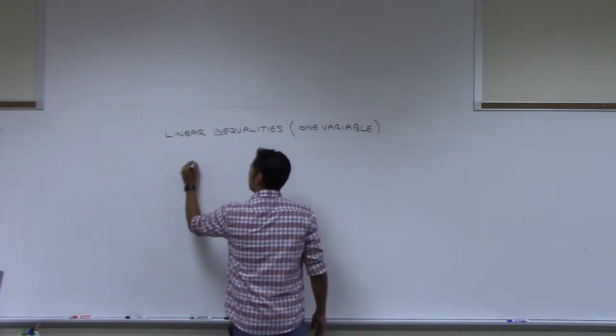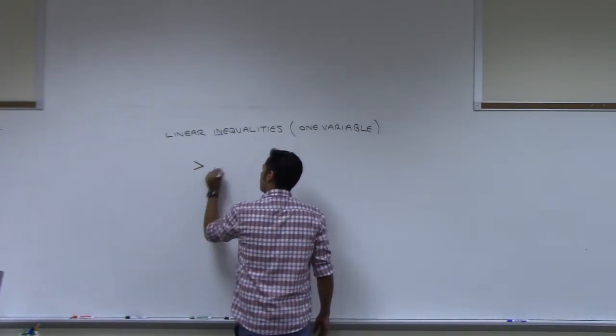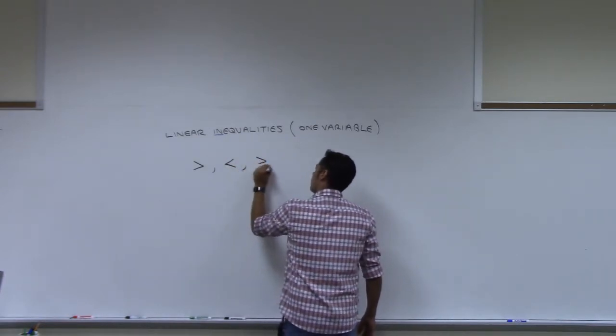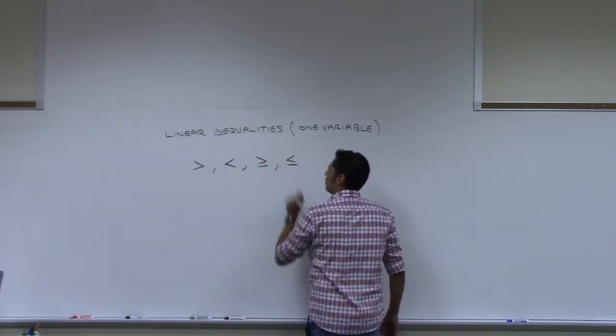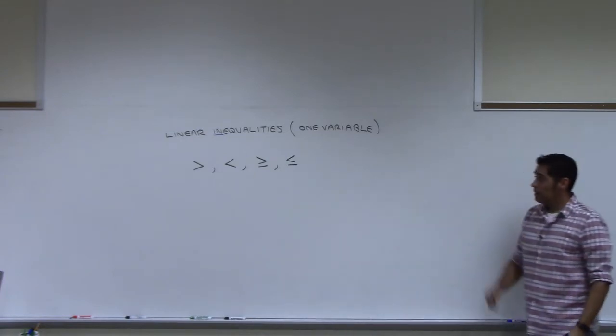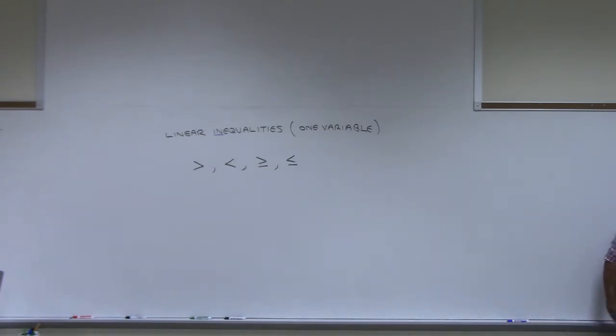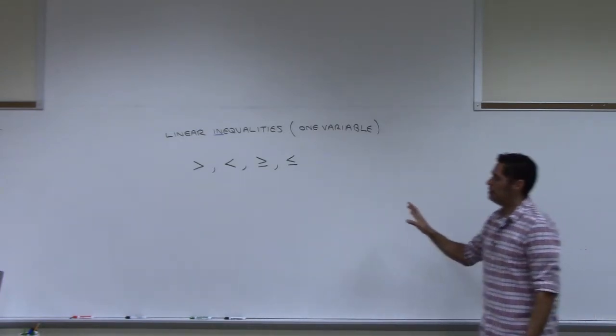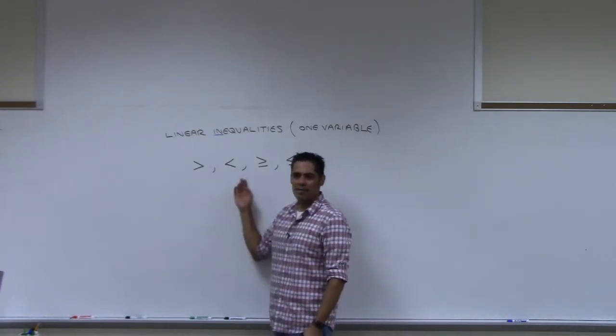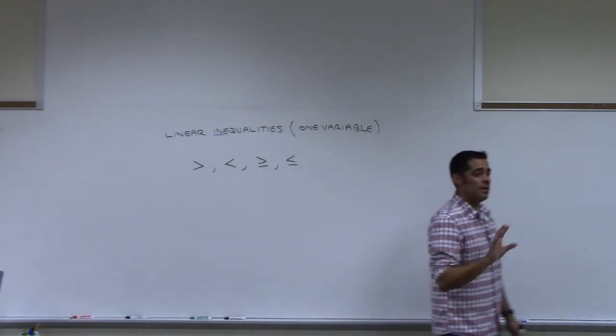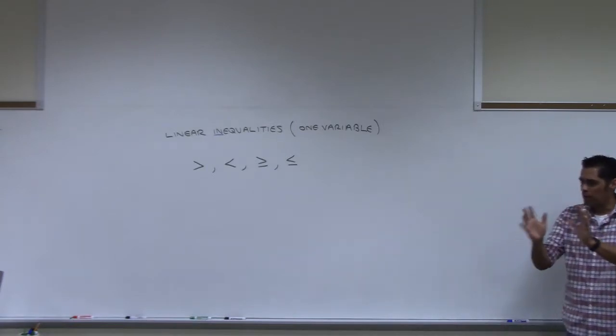We have this, this, this, and this. And I don't like to name them, like calling this the greater symbol or less than symbol, because it all depends on the order in which you put things.